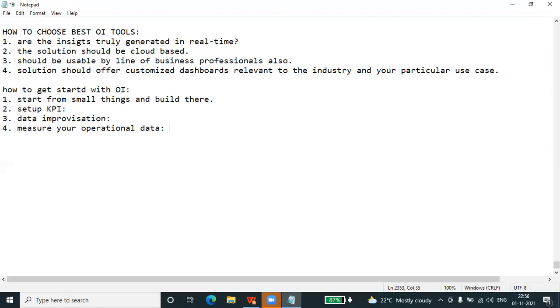Operational intelligence will fail immediately if your raw data are not sufficient, or if operational data is not accessible. Audit your data stores to determine what is being generated, where it is being stored, and how it is currently being analyzed.